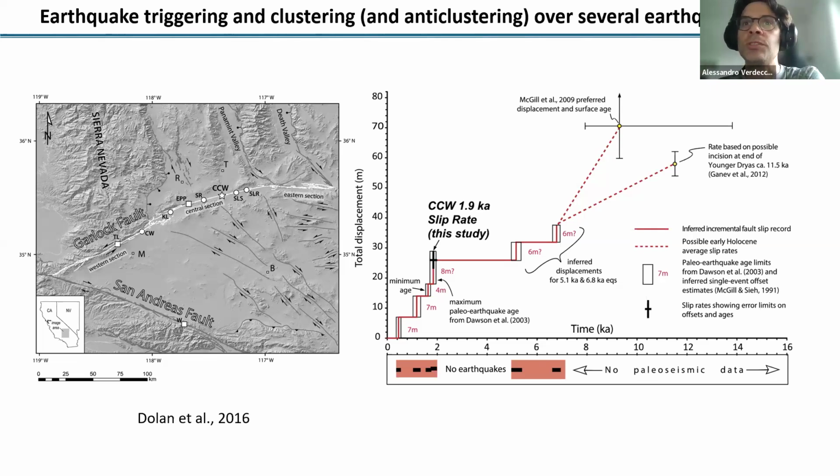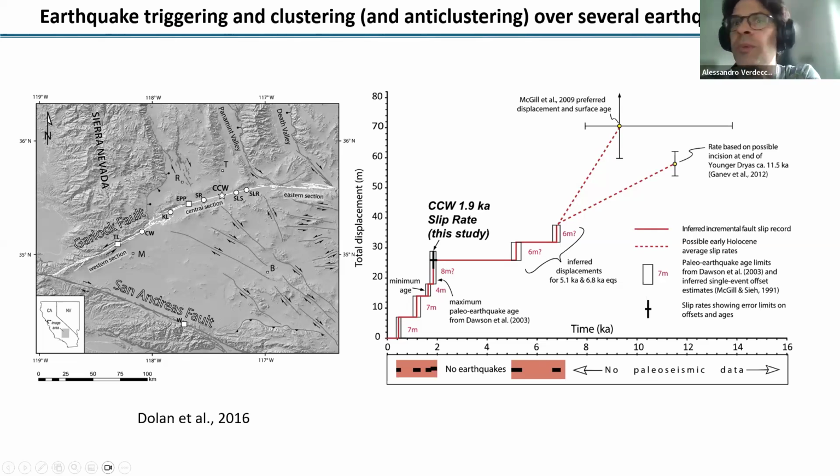Even if we consider all the events available in paleoseismological dating, the slip rate will possibly be underestimated compared to what we have when we calculate slip rate only from the most recent events.